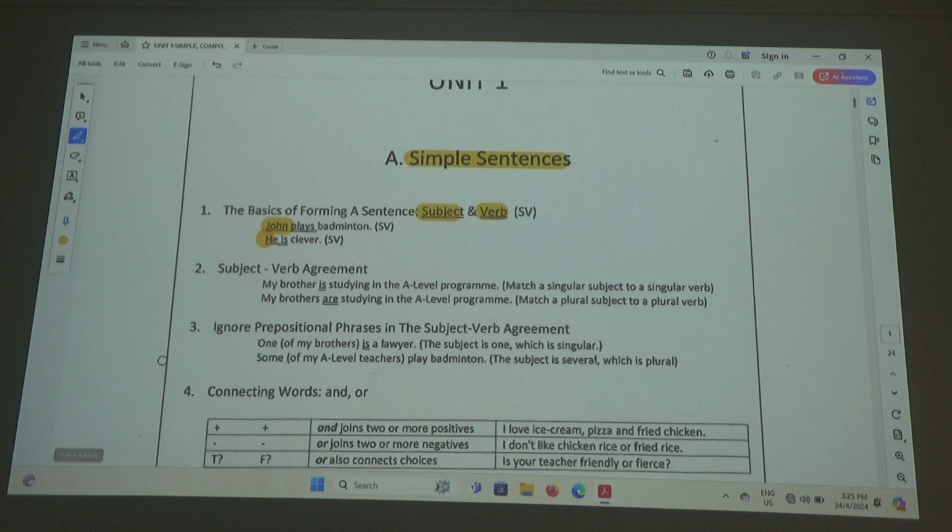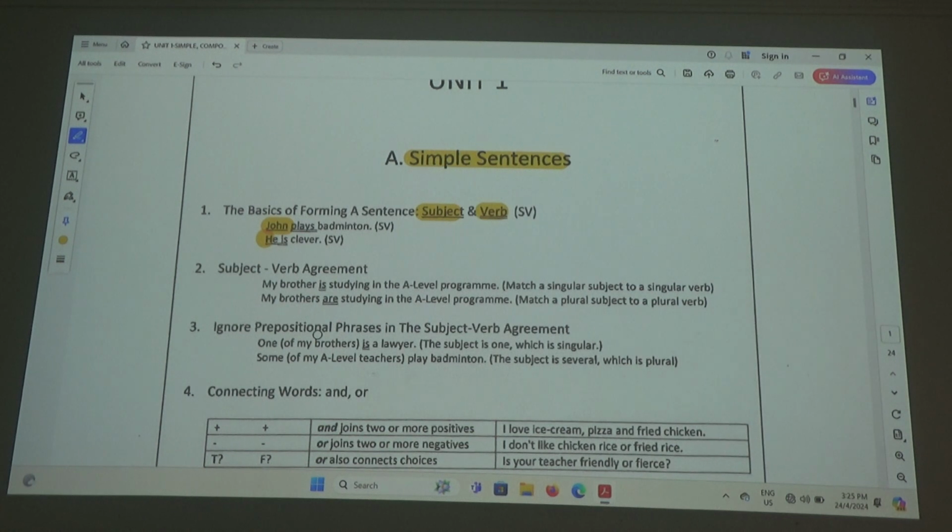Ignore prepositional phrases in the subject-verb agreement. One of my brothers. See, this is where I think many students will make mistakes. One of the students is or are? Because you understand one is the focus, one of the many.